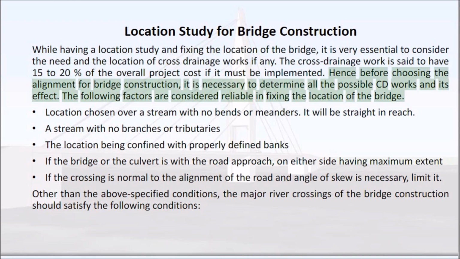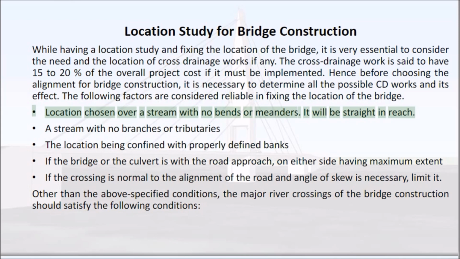Hence, before choosing the alignment for bridge construction, it is necessary to determine all the possible CD works and their effect. The following factors are considered reliable in fixing the location of the bridge.